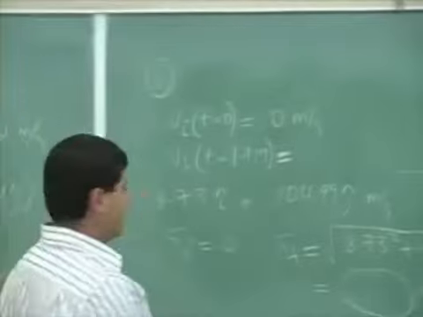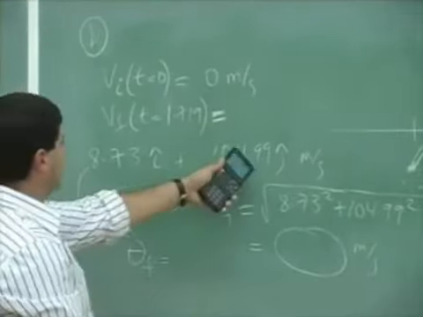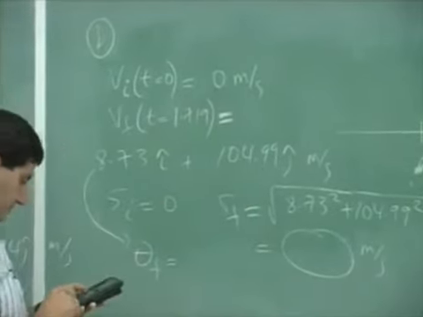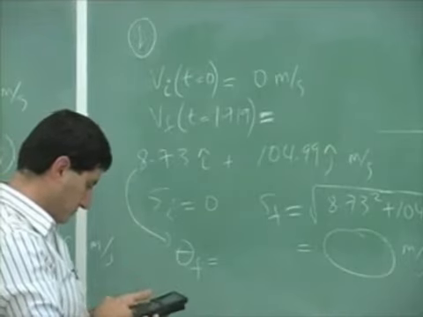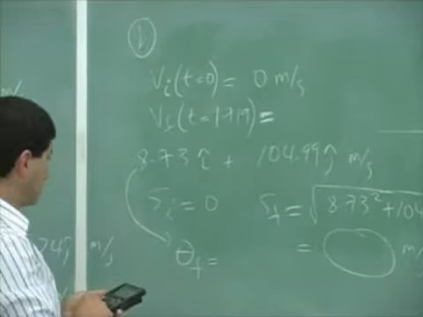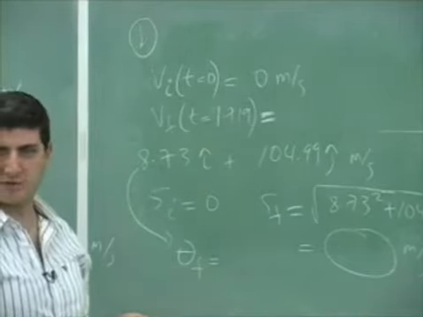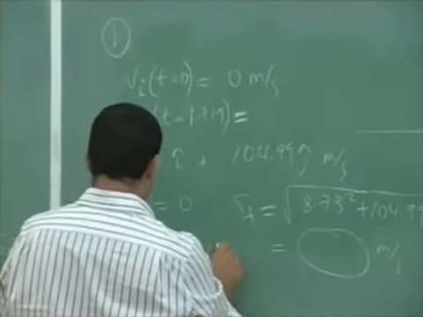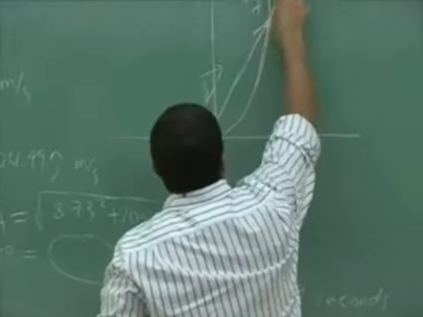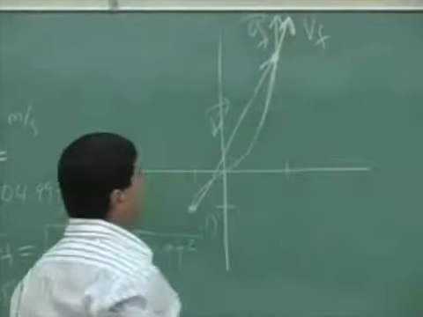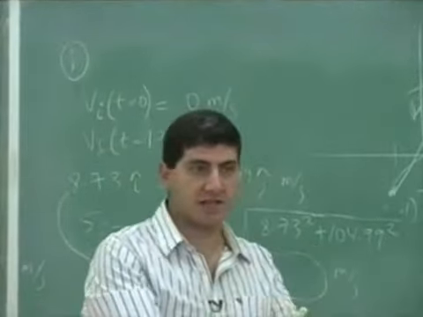And the velocity vector is this 104.99 divided by 8.73: 85.24. I was right, you see. So the velocity vector is like this, tangential to the path that it's taking.